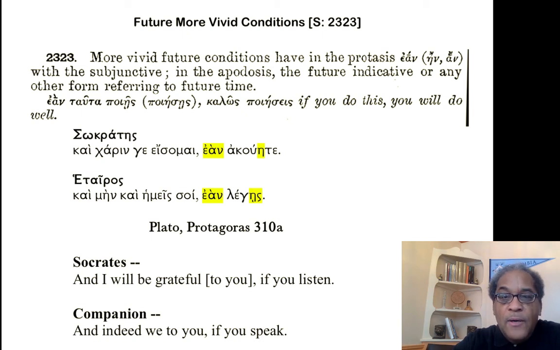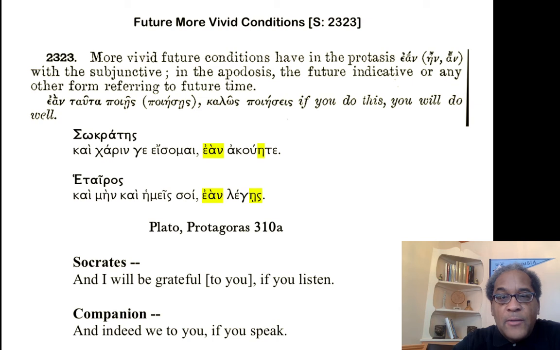So we have a wonderful literary example from Plato's Protagoras, 310a, where Socrates says, "And I will be grateful to you if you listen," and his companion replies on behalf of his friends as well, "And indeed, we will be grateful to you if you speak."